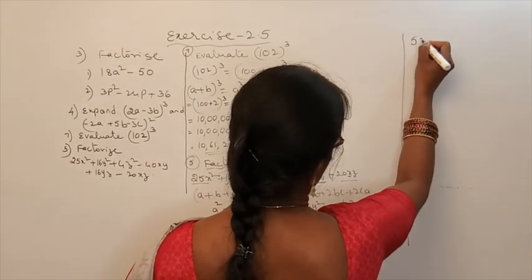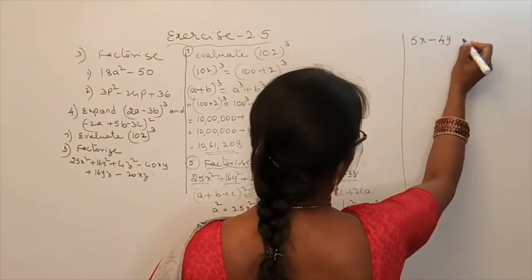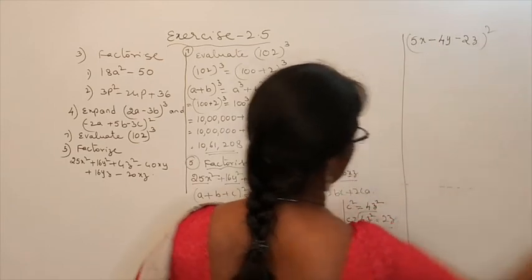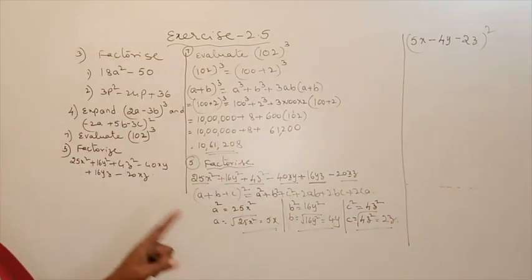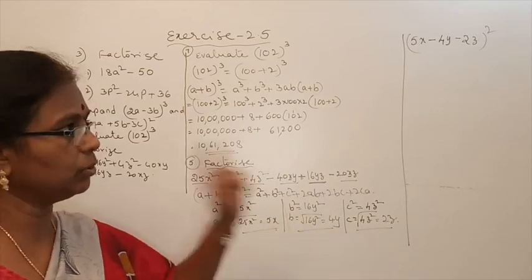5x minus 4y minus 2z whole square. What are the factors of this? 5x minus 4y minus 2z whole square.